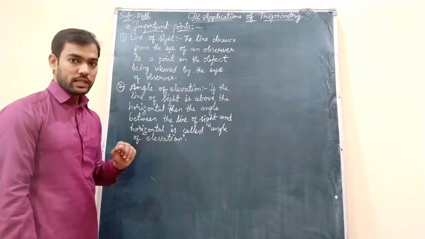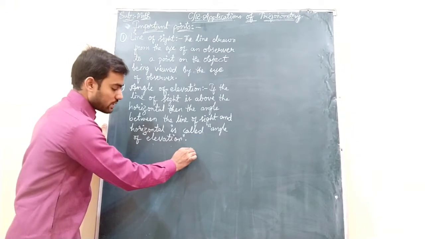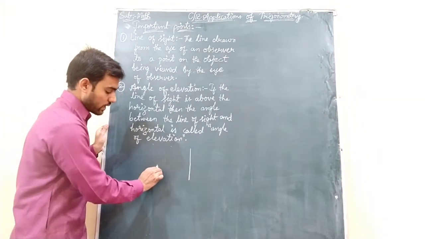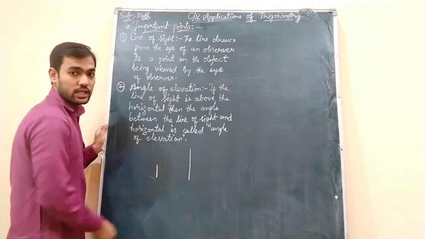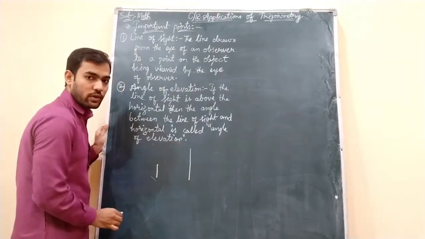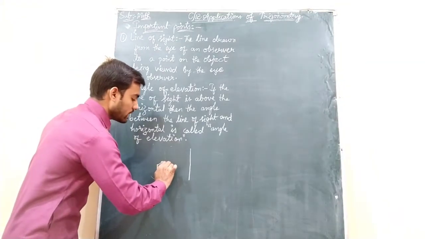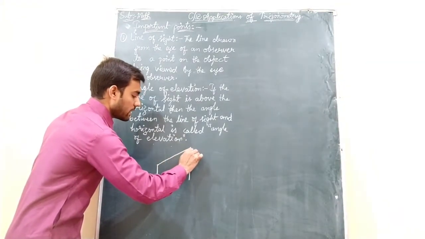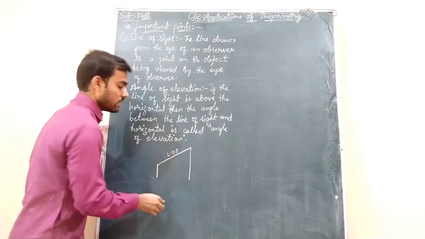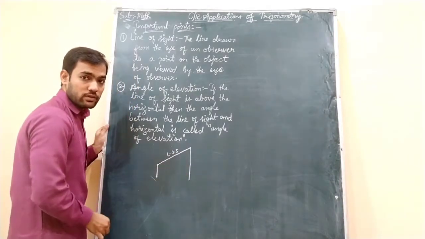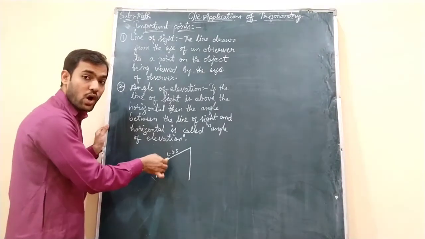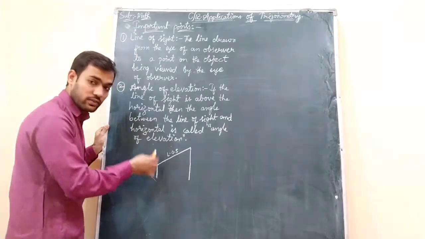I will try to explain this with the help of an example. Suppose this is the tree, and you are standing over here, observing the top of the tree. When you draw this, it is considered as the line of sight, and this is the height of the tree. When we take the angle between the line of sight and the horizontal, we will not take the angle with our complete body.